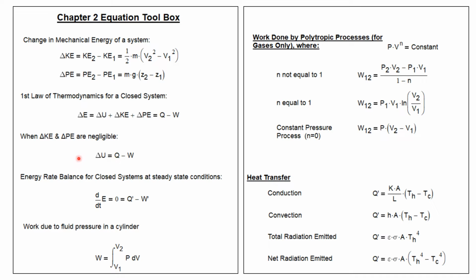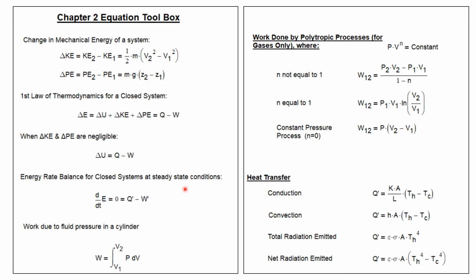And the first law of thermodynamics, the law of energy conservation for a closed system, most notably is that the change in internal energy of a system during a process is simply equal to Q minus W. Now, we can write the same energy balance as a rate balance.